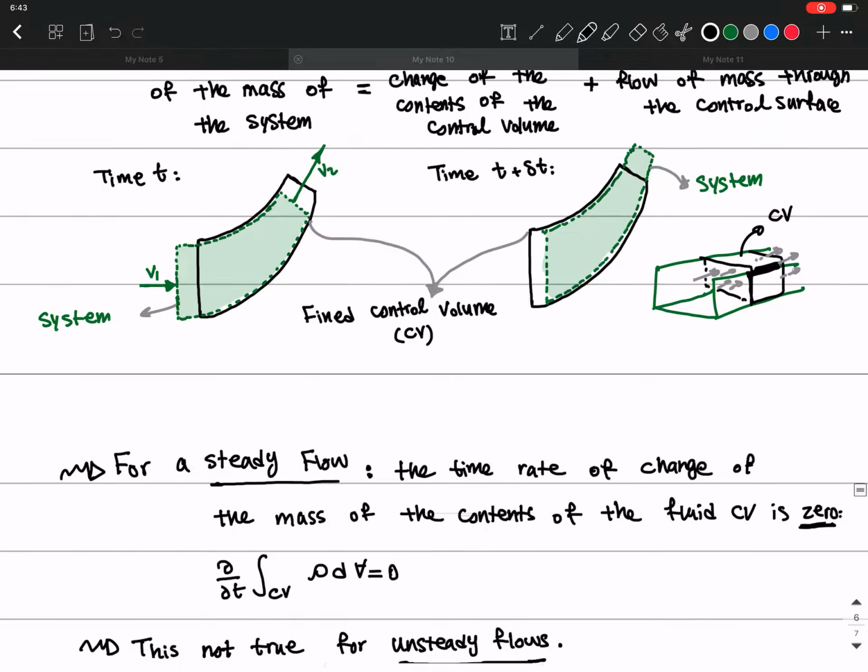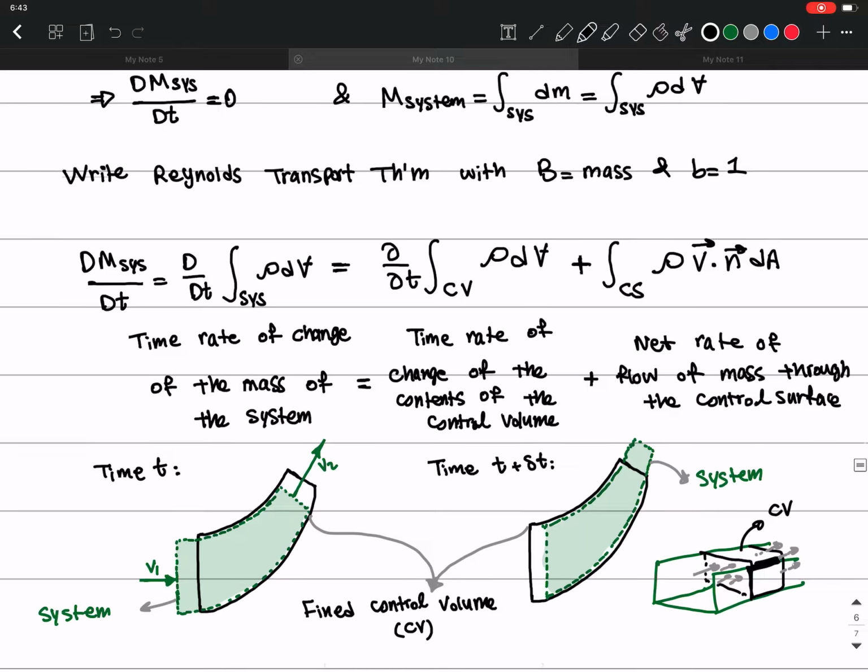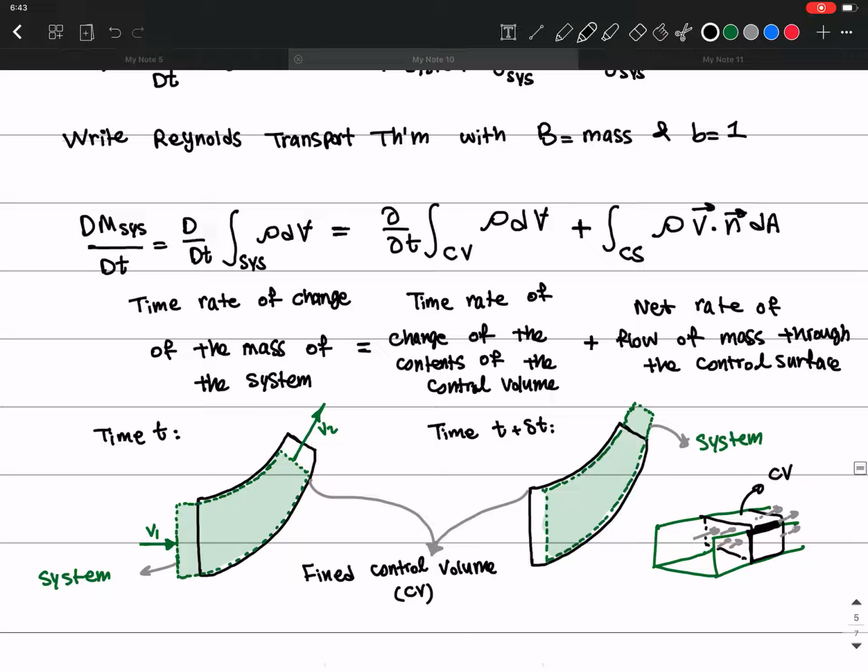Now in terms of the mathematics, we define the steady flow as a flow where this term, the time rate of change of the contents of the control volume, is 0. This is a steady flow. That means the flow is steady in time, so it shouldn't have any time dependency.